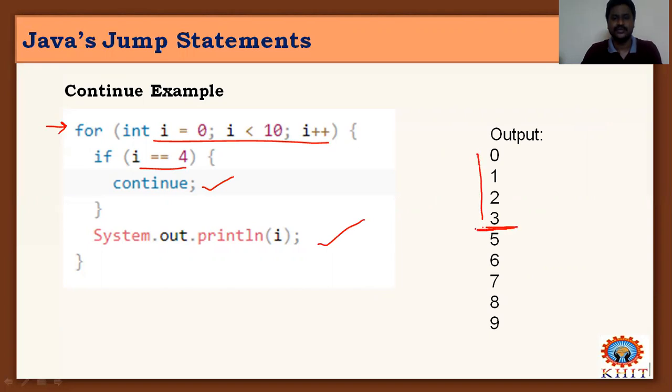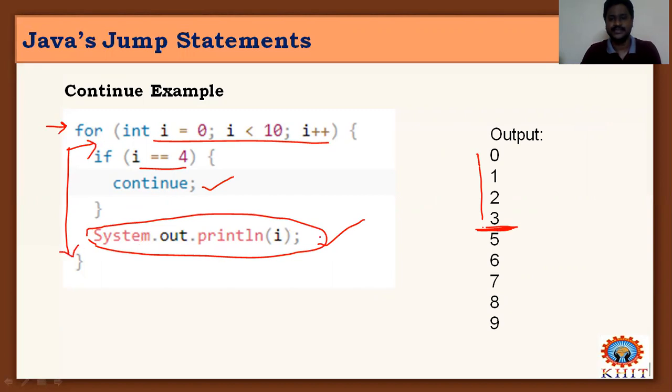When it is 4, it doesn't go to this printf statement. It simply continues the loop, applying the i++ procedure, and not displaying this one. It doesn't go to this display statement. That is the use of continue, and it is used to skip the rest of the iteration based on a condition.